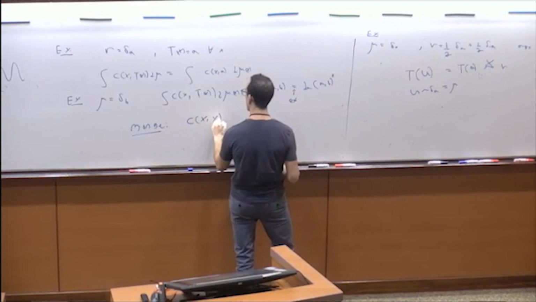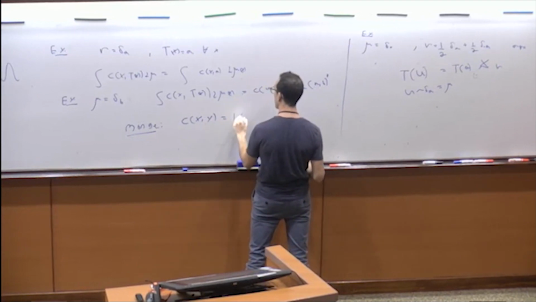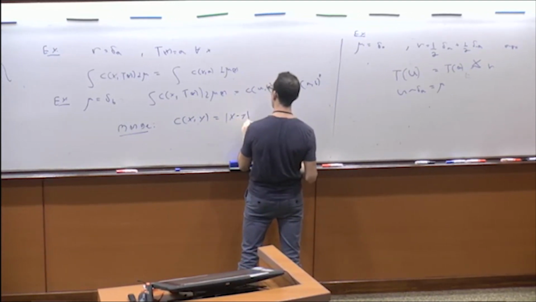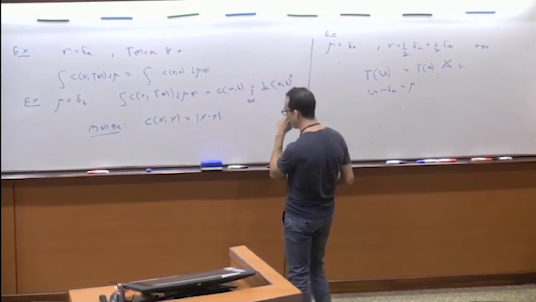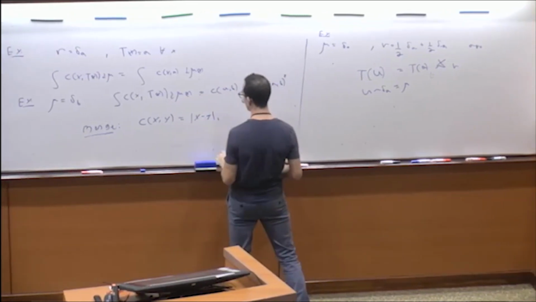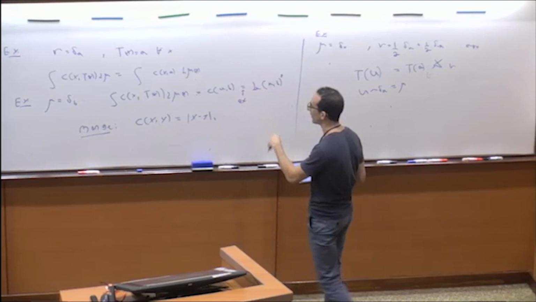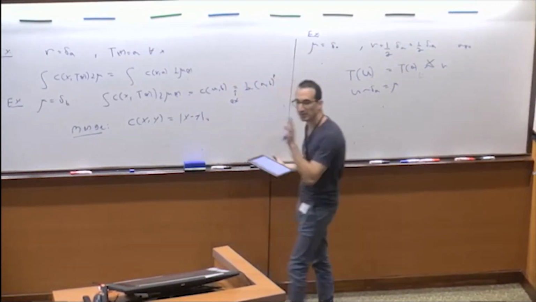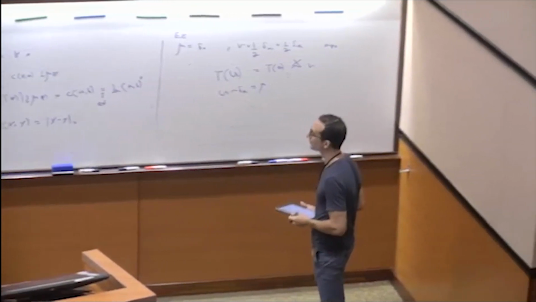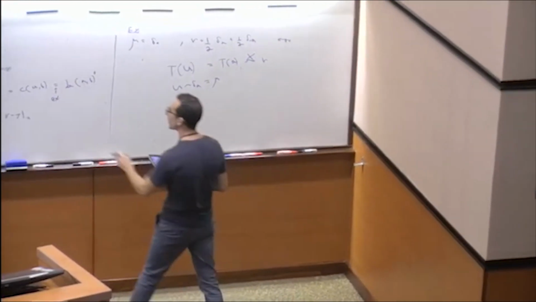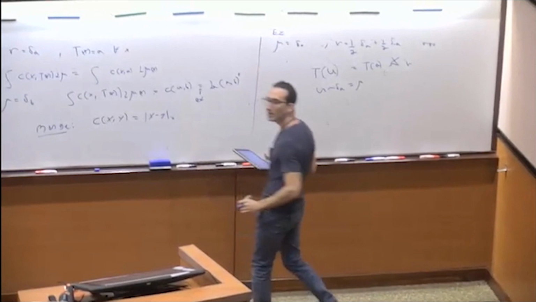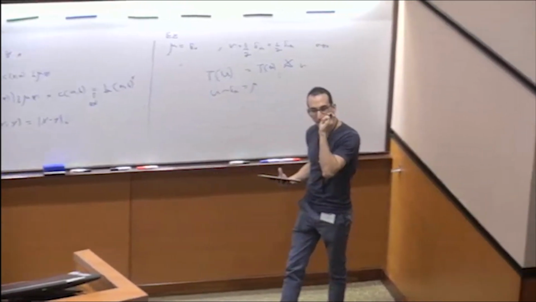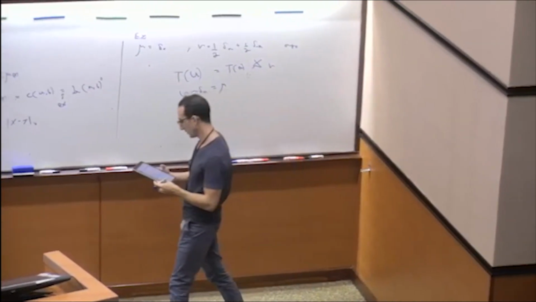And he took the cost C of x, y to be not the Euclidean norm, but really the L1 norm. Or let's just say in dimension 1 even, you would take just the absolute value of x minus y. Let's just pretend in dimension 1. And we will see that the power p that you take actually matters.